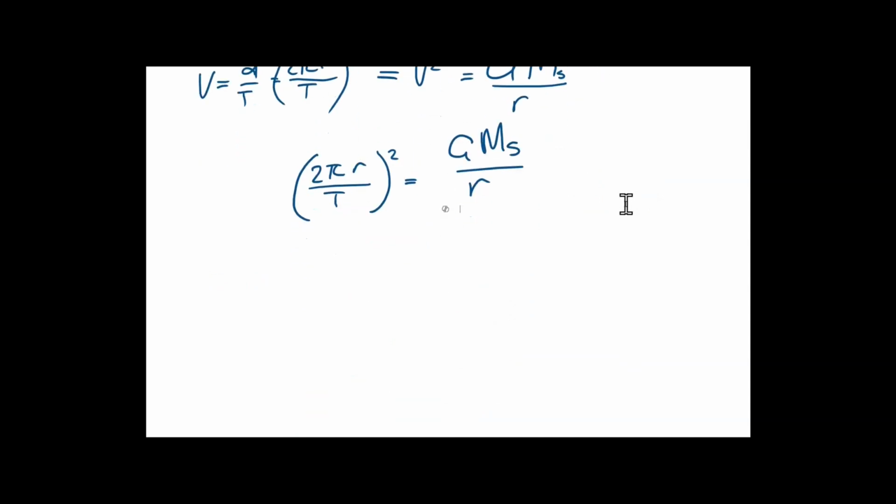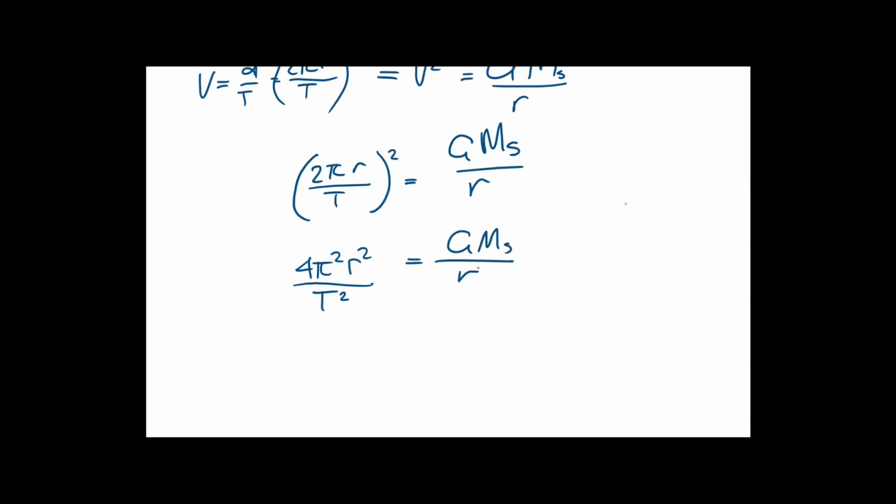Going down again, we want to break out whatever's in this formula here. So 4 pi squared r squared over t squared is going to give us this.